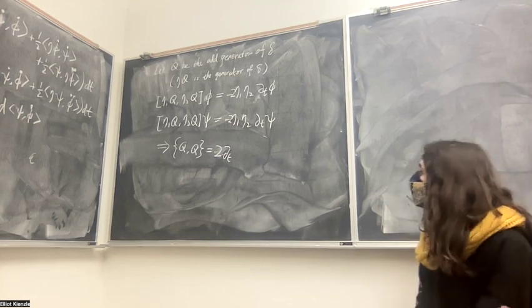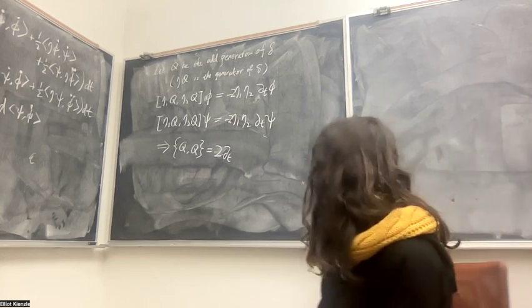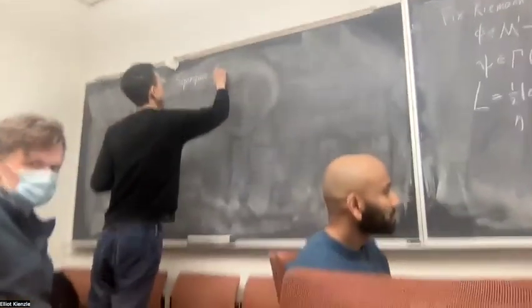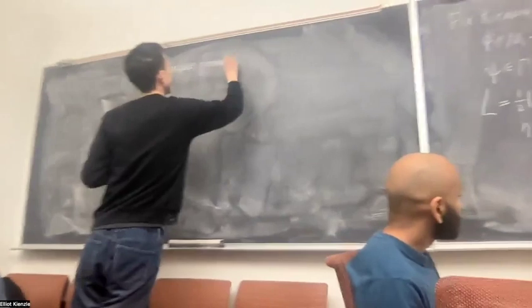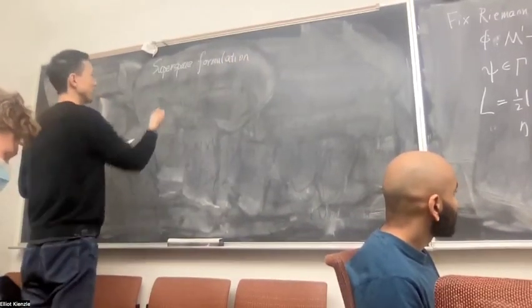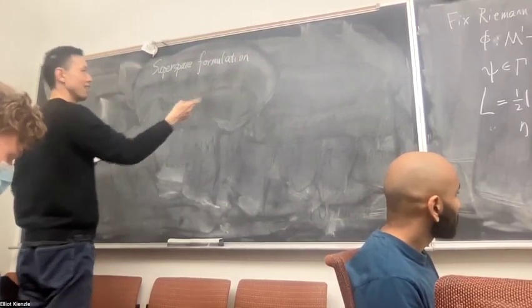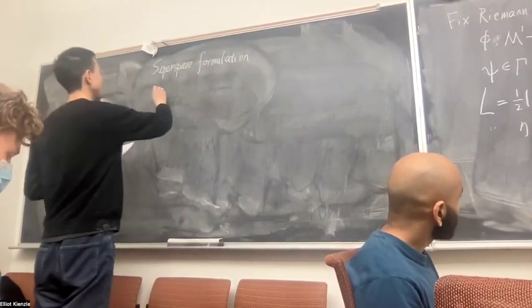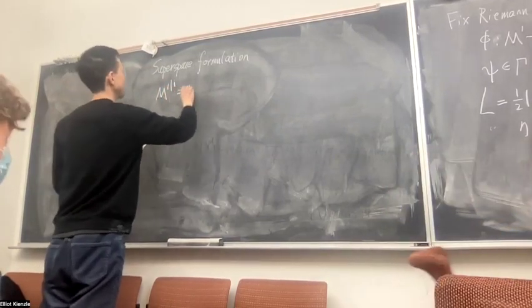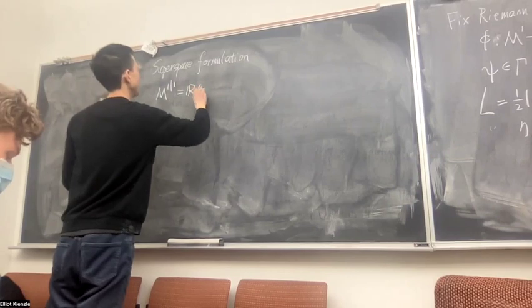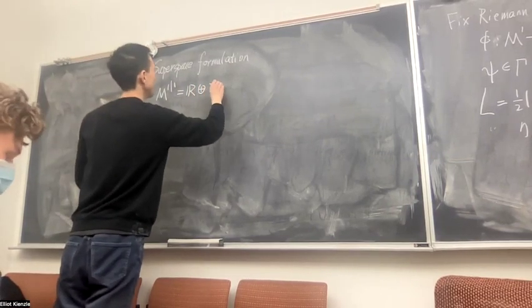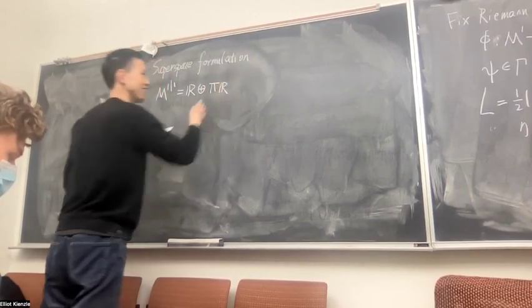Okay, so we finally get to the superspace formulation. Instead of the usual space-time, we want M^{1|1}, which is going to have one even direction and one odd direction.